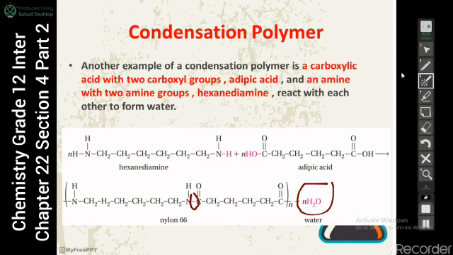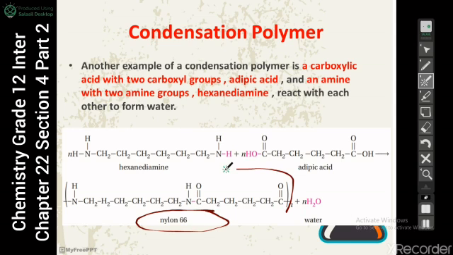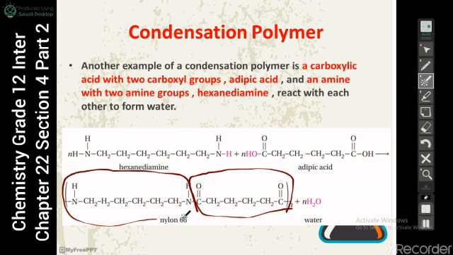The compound formed after the combining of the two molecules is called nylon 66. So the product contains 2 kinds of monomers. The acid, which is here, and the hexanediamine monomer, which is here. This is a copolymer because it consists of 2 different monomers and is called nylon 66.